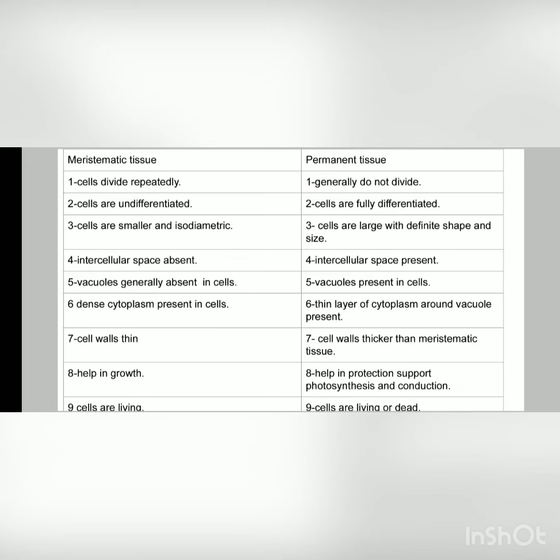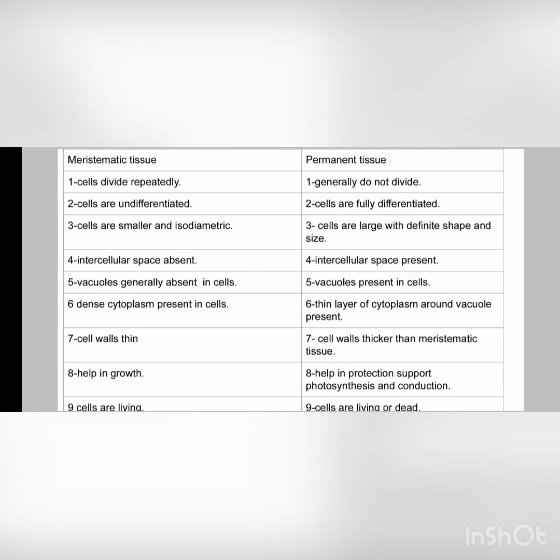Then number 6, dense cytoplasm is present in meristematic cells, and a thin layer of cytoplasm around the vacuole is present in permanent cells. Number 7, cell walls are thin in meristematic tissue, and cell walls are thicker in permanent tissues. As they are permanent, they do not need to divide, so the cell wall may be thicker in them.